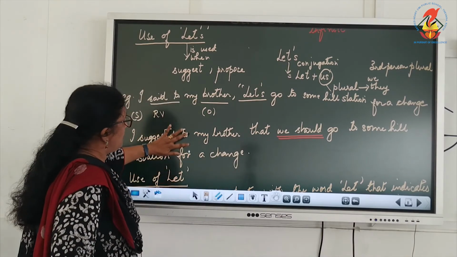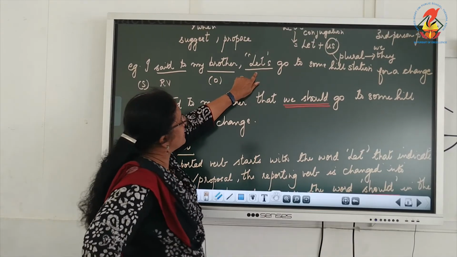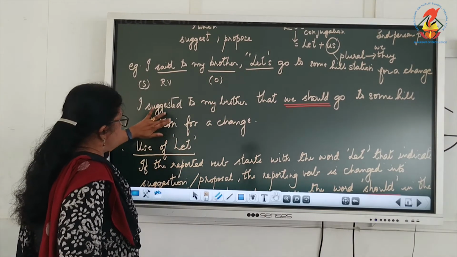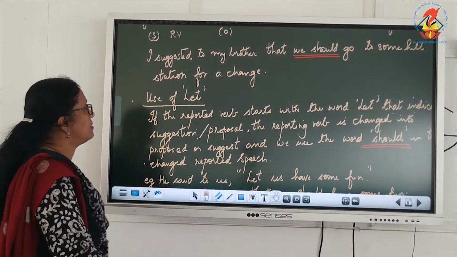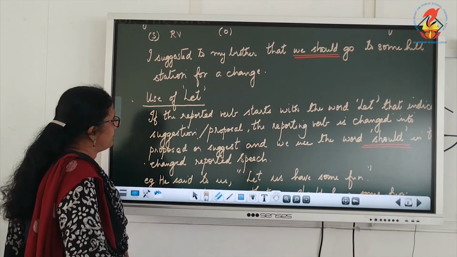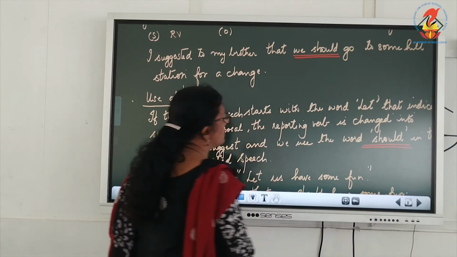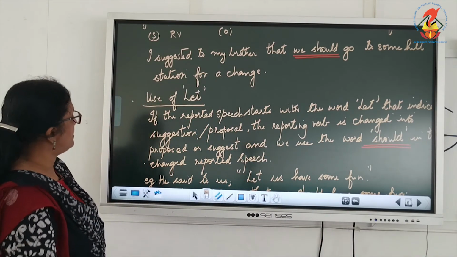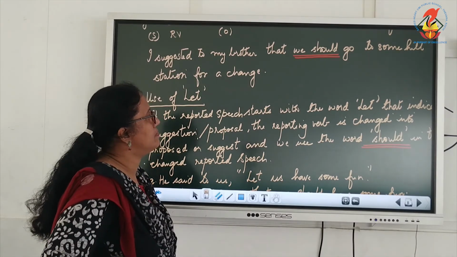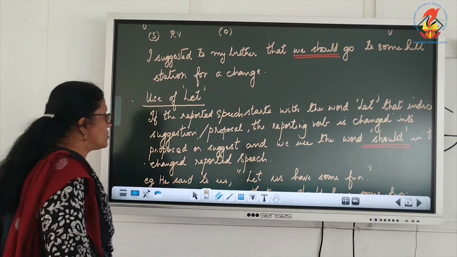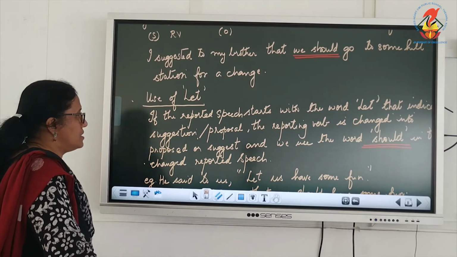Sometimes you have sentences that begin with the word let. Okay. So, now here if your reported speech starts with the word let, that indicates a suggestion or proposal, the reporting verb is changed to proposed or suggested and we should use the word should in the changed reported speech.